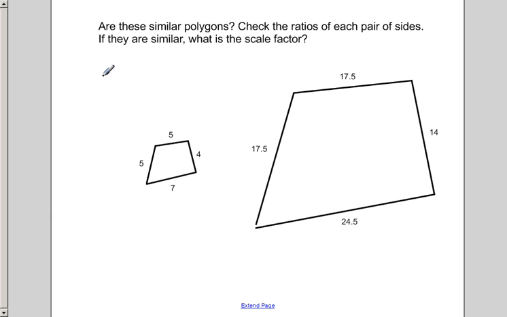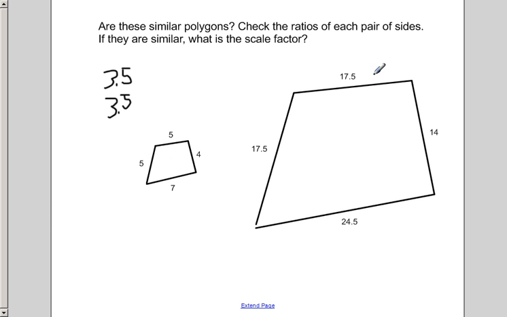If you did that, you found that 17.5 divided by 5 is 3.5. 14 divided by 4 is 3.5. And 24.5 divided by 7 is 3.5. 17.5 divided by 5 is also 3.5.